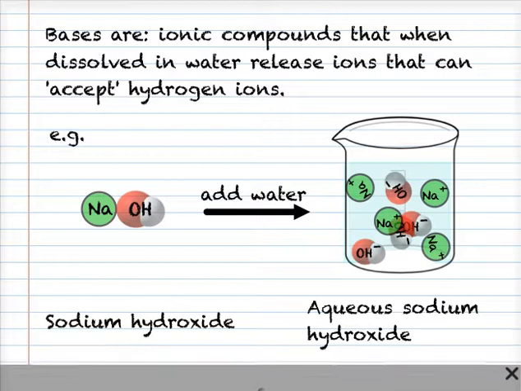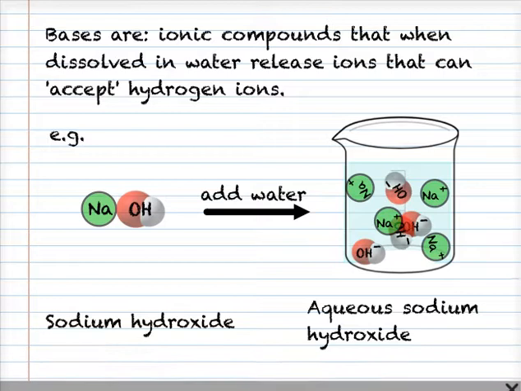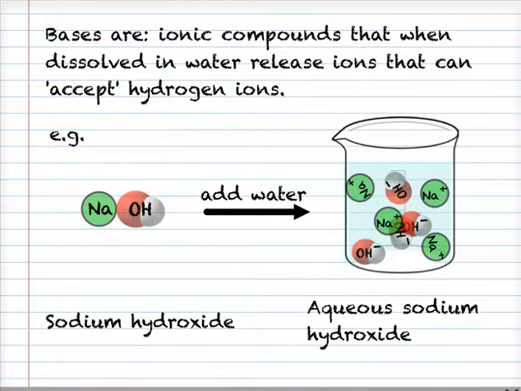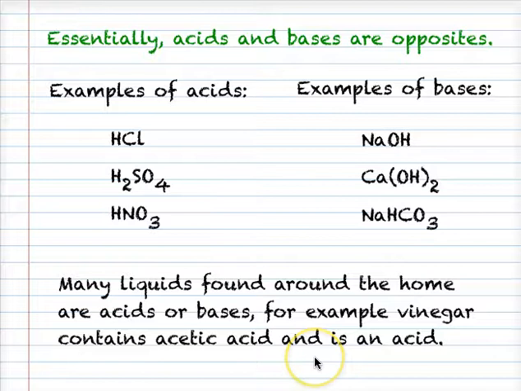Now, what will happen when the OH, the hydroxide ion, accepts a hydrogen ion? We will have an O and H accepting an H. What will happen in that situation? Keep that in mind. So as I've said, essentially acids and bases are opposites, let's say.